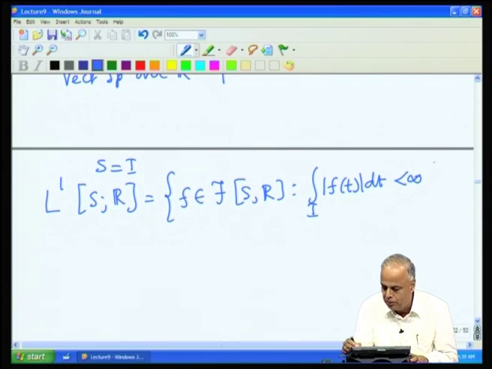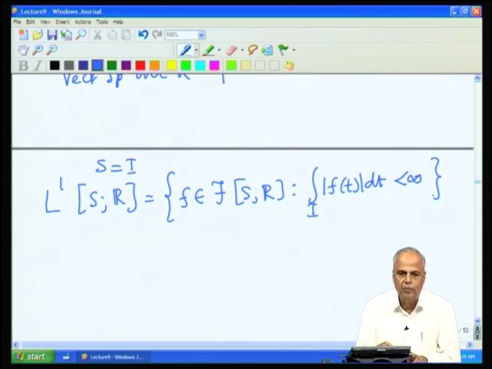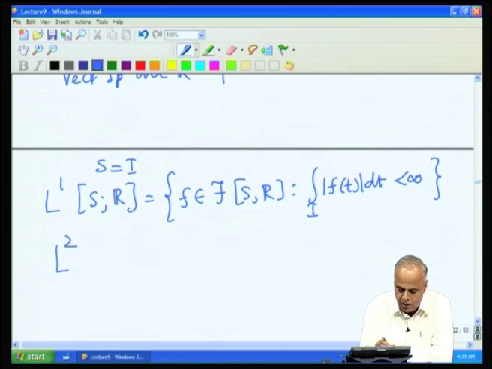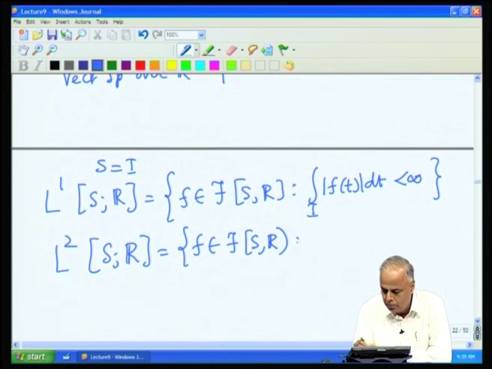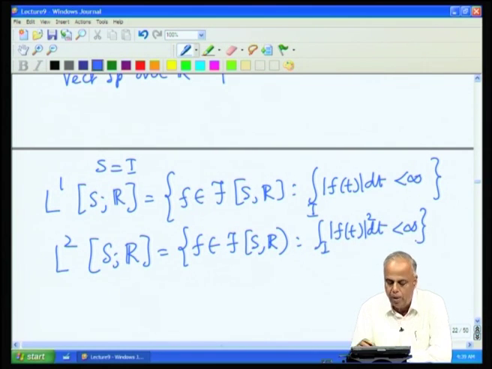Of course, we must make sure that the integral is finite. We will not worry about giving formal definitions of the integral at this stage. Similarly, L2 S R, when S is the interval, is the set of all f from S to R such that the integral over I of mod f of t squared dt is finite. These are some of the important vector spaces of functions. We shall see some more vector spaces of functions as examples in the next class.